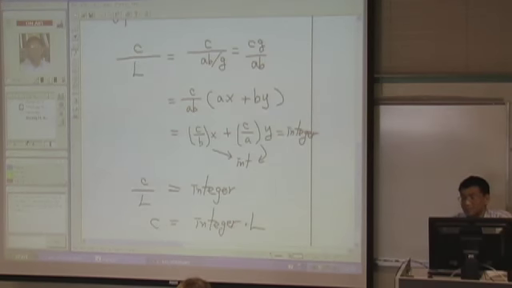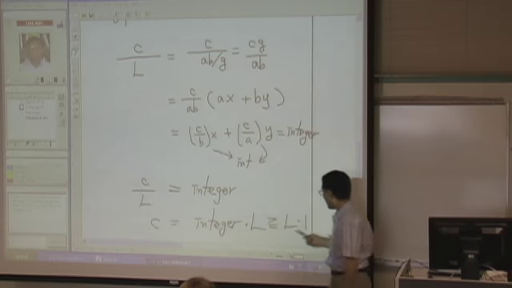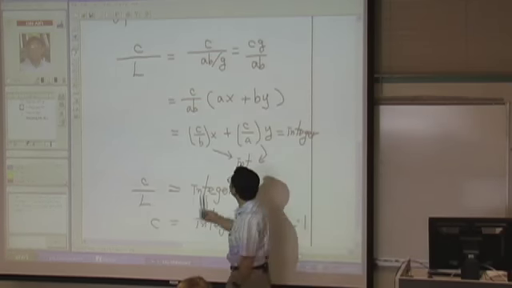So this integer is positive. So we can say that it is greater than or equal to 1, right? Positive integer, right? Integer at least 1 multiplied by L. So we finished the proof, right? C is greater than or equal to L.